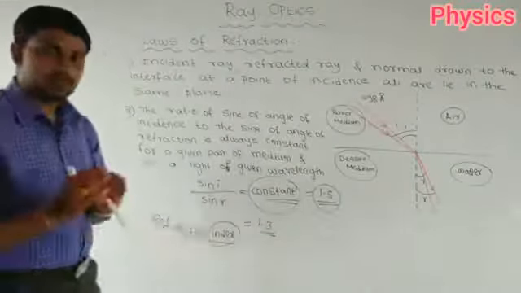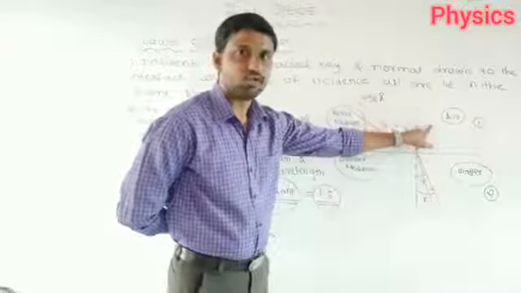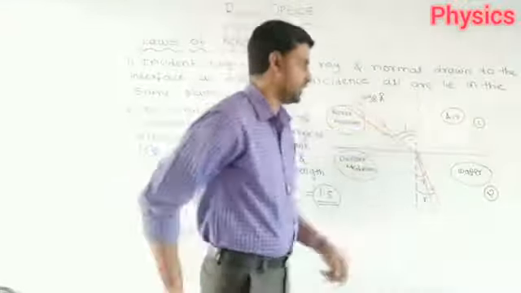So I have to take the refractive index of the second medium with respect to the first medium. In whichever medium refraction takes place, we take the refractive index with respect to the other medium. Here, refraction is in the water medium, that is the second medium.